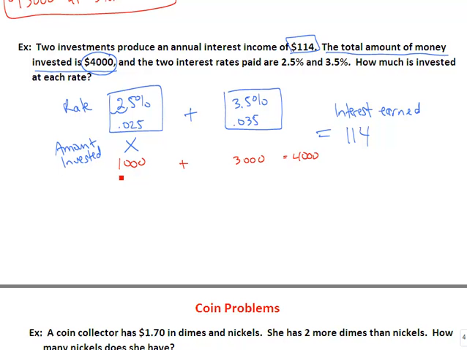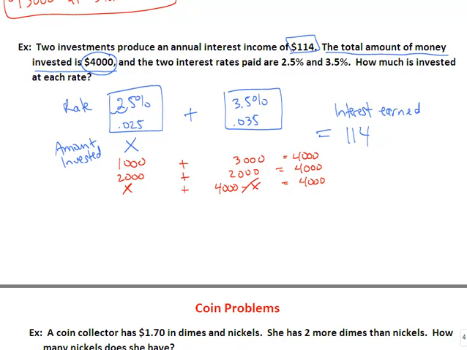Okay, what if I put $2,000 in the first account? Then I would need $2,000 in the second account, so that it adds up to $4,000. So let's generalize. If I put x amount here, and I want it to add up to 4,000, then I would have to have in the second box 4,000 minus x, so that I get 4,000 on each side.